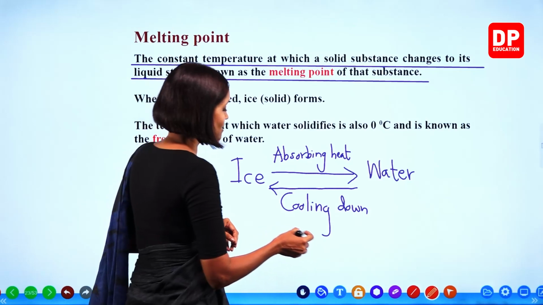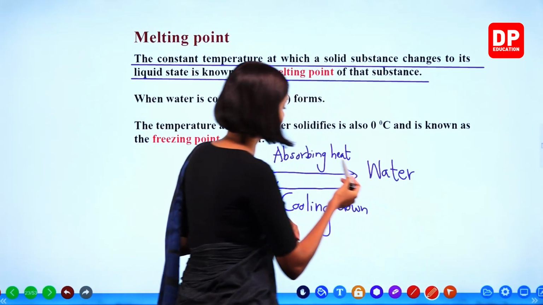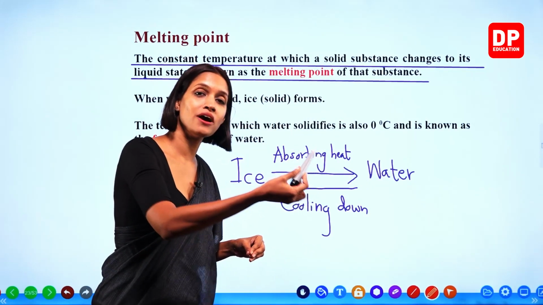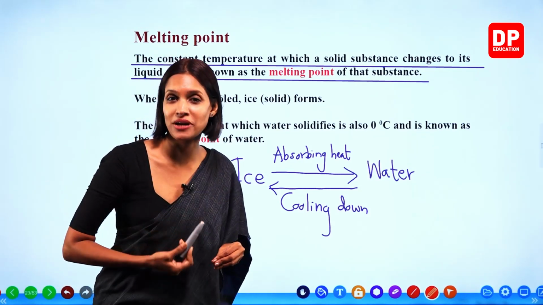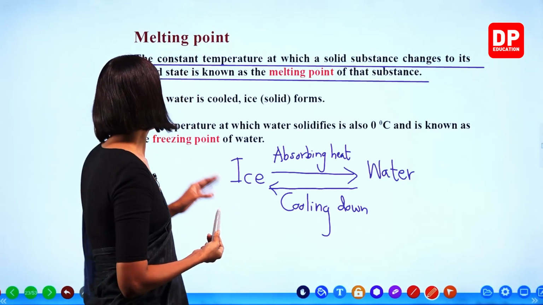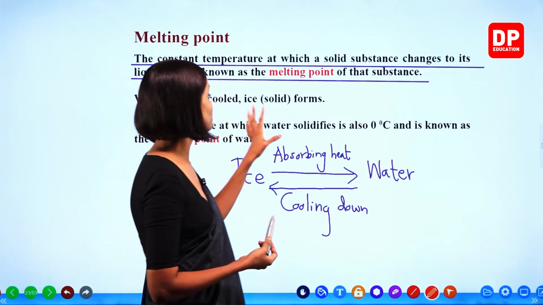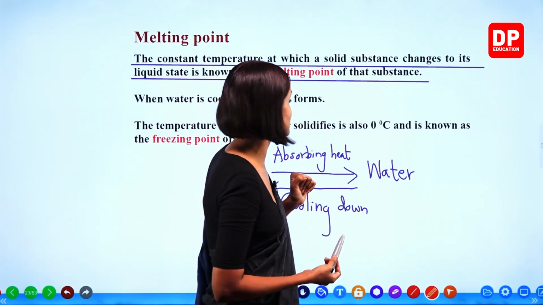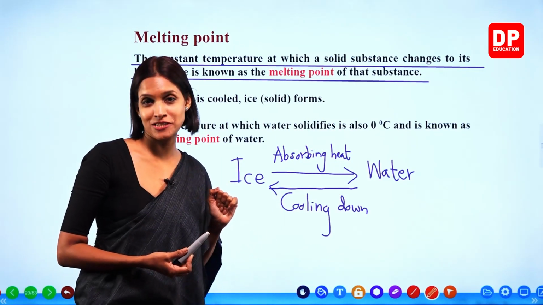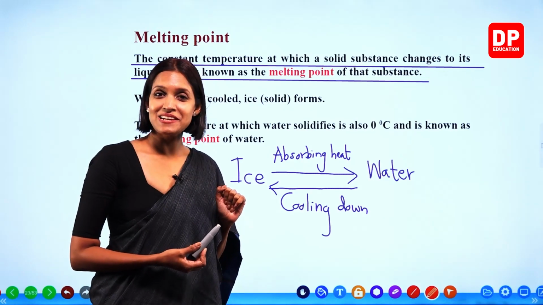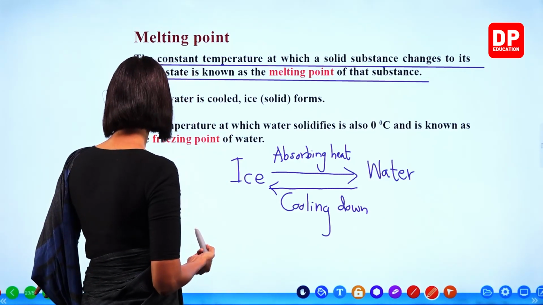Right, children? Its melting and freezing points are the same because it just converts from one state to another through that particular temperature. So the temperature at which water solidifies is also 0 degrees Celsius and is known as the freezing point of water. Right, children? Okay, we'll move on to the next.